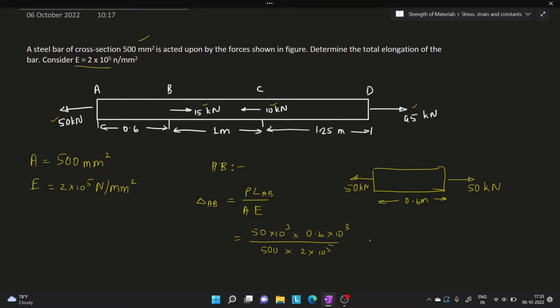Upon simplification, cancelling the powers of 10, I have 25 into 0.6 divided by 50, and the final result is 0.3 mm. Note that it is positive, meaning that it is elongation.